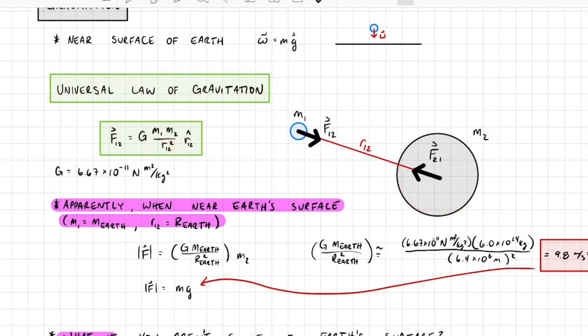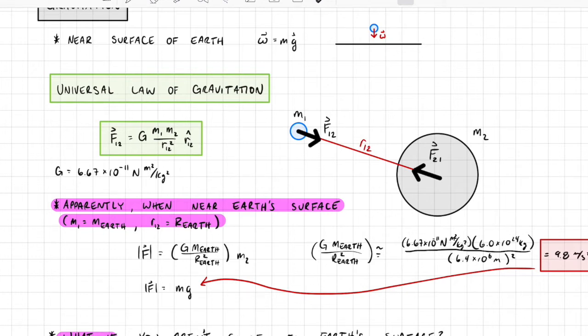r12 is the separation between the two objects, and it's really the separation between the center of mass of the two objects. So my m1 here is just a uniform mass, so the center of mass is there. My m2 is uniform, so the center of mass is there. So it's the distance between the centers of mass of the two objects.